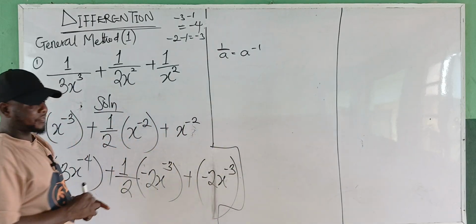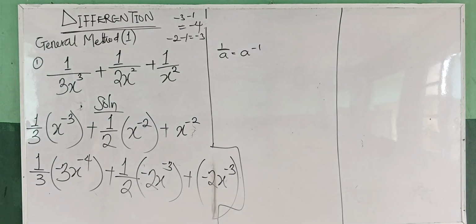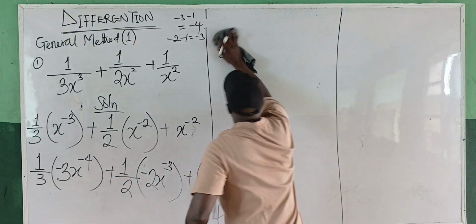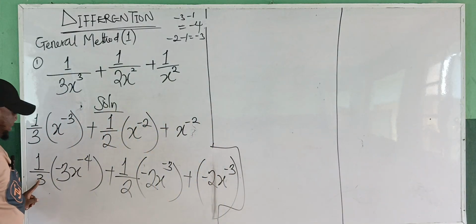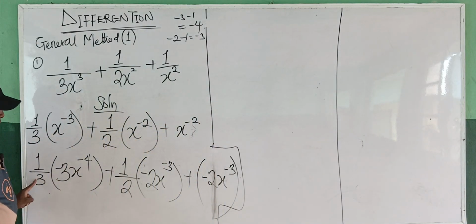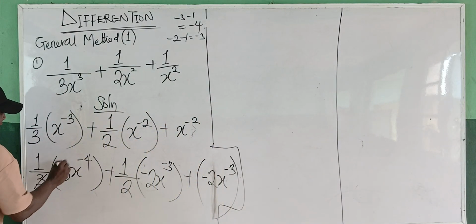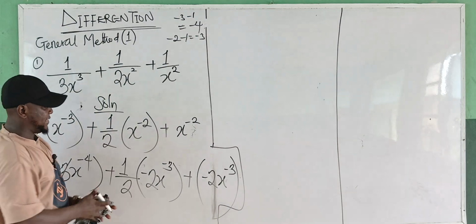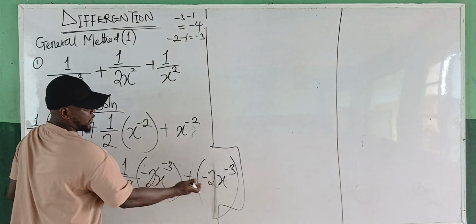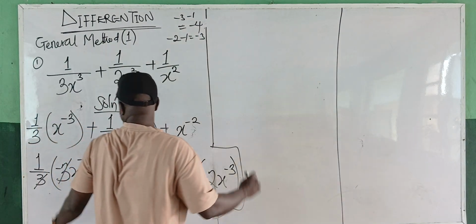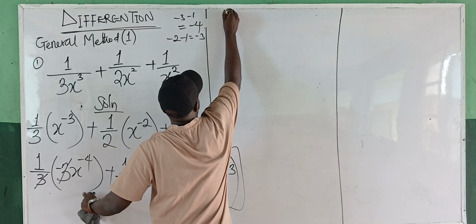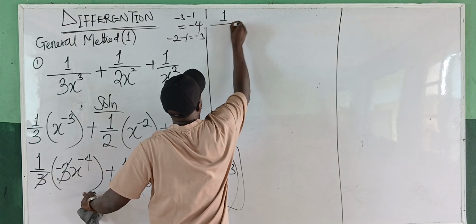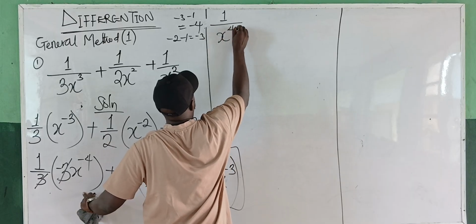Going further, what do I do? Look at this. This can divide this, taking out this. This can divide this, taking off this. So nothing can divide this. Leave that. So from this point, if you multiply this and this, I'm going to have 1 here all over x raised to the power of 4.